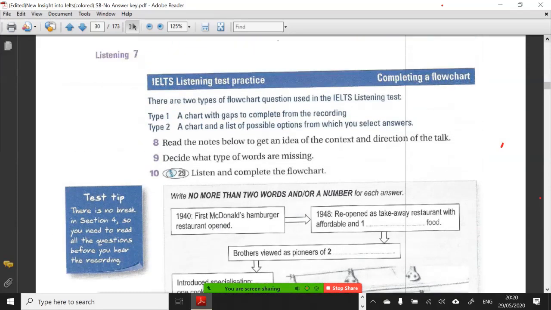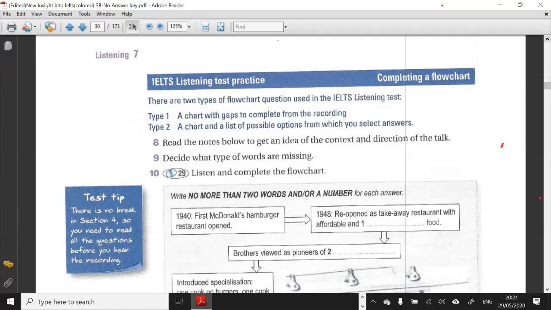And it says there are 2 types of flowchart questions used in the IELTS listening test. Meaning in the IELTS listening, you will get two flowcharts like the one I'm showing you now. Type 1, a chart with gaps to complete from the recording. Type 2, a chart and a list of possible options from which you select answers.